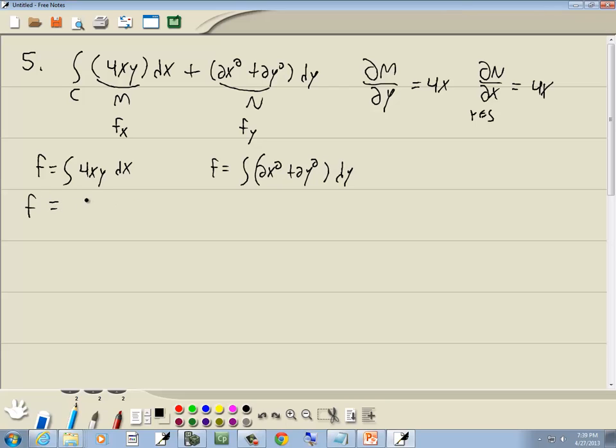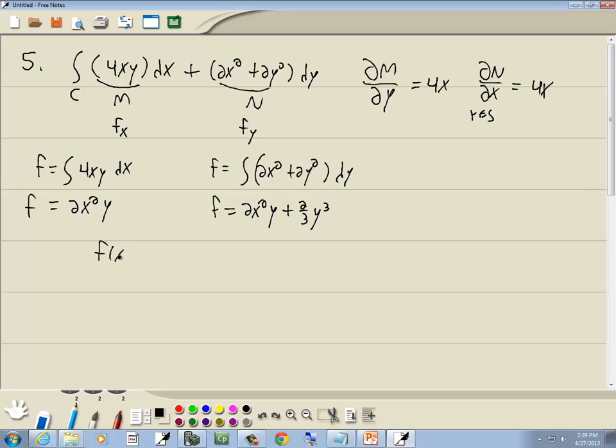So this one, with respect to x, the x becomes 1/2 x squared, so this becomes 2x squared y. Now over here, with respect to y, this doesn't have a y in it, so this just becomes 2x squared y. And this one becomes, add 1 to your power divided by your power, 2/3 y to the third.